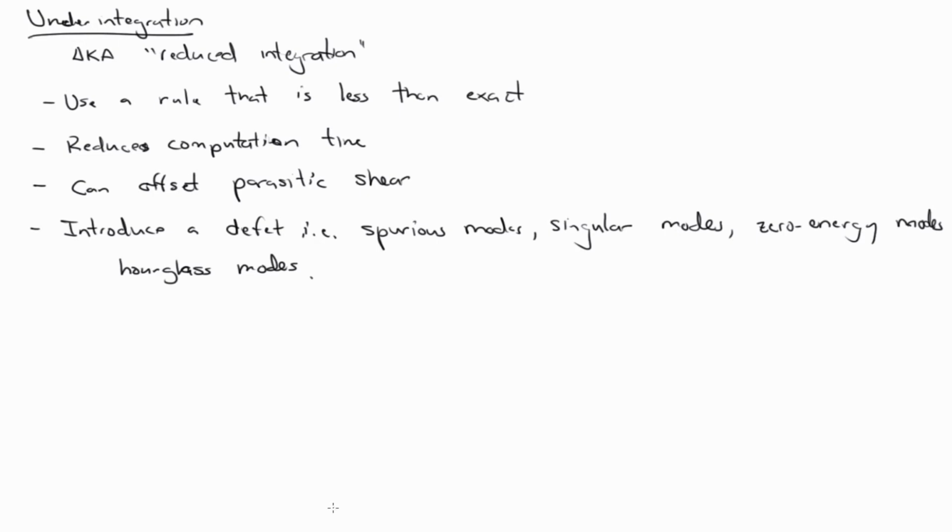So if you consider all of the possible deformation modes that a Q4 can go under, a few of them are rigid body, right? So one would be rigid body translation up. Two would be rigid body translation left-right. Three would be a rigid rotation.